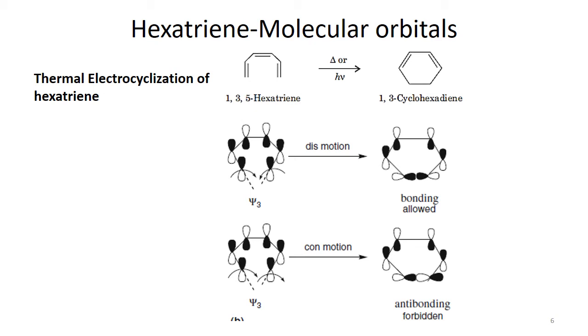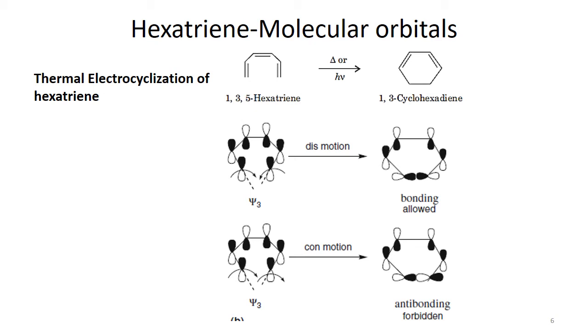But in case of the conrotatory mode of rotation, both these orbitals on the terminal carbon atoms move in the same direction. In this case, we can see from the orbital diagram that a sigma star, an anti-bonding orbital, is formed. So anti-bonding shows that this one should be forbidden.